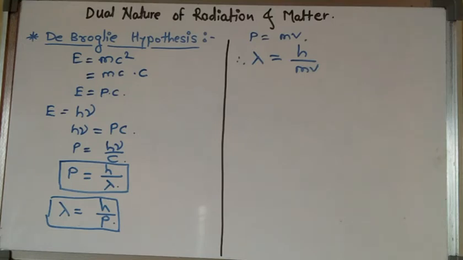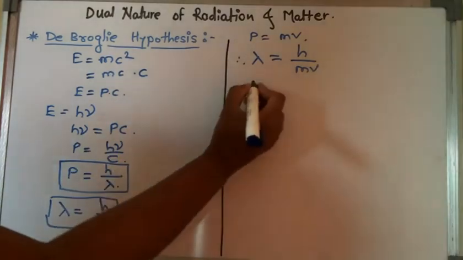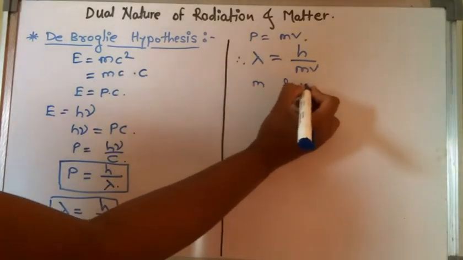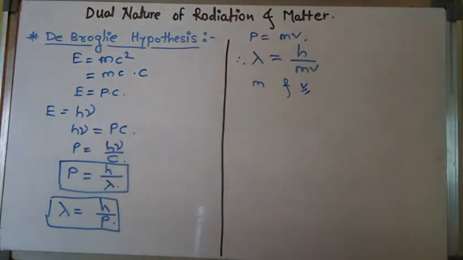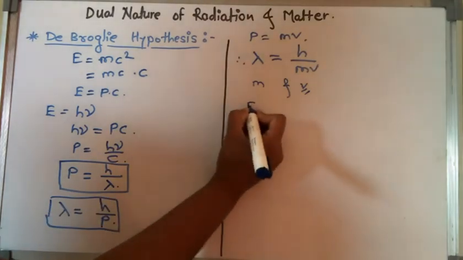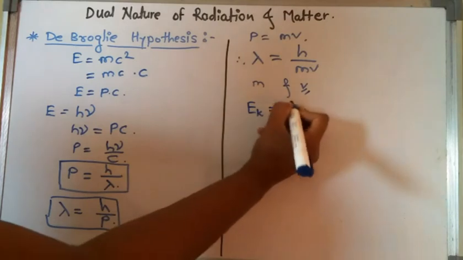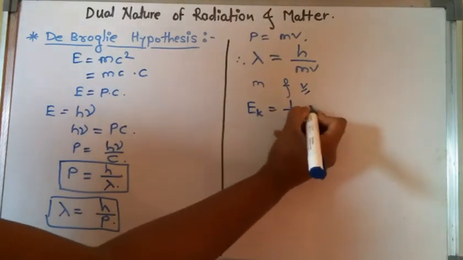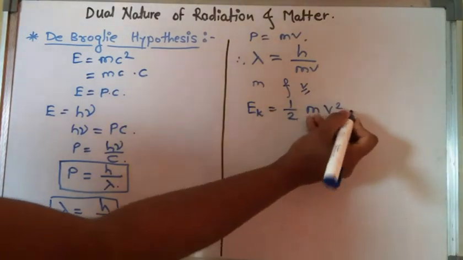Again, for a particle of mass m moving with velocity v, we can write it has a kinetic energy, and that kinetic energy Ek is equal to half m into v square.